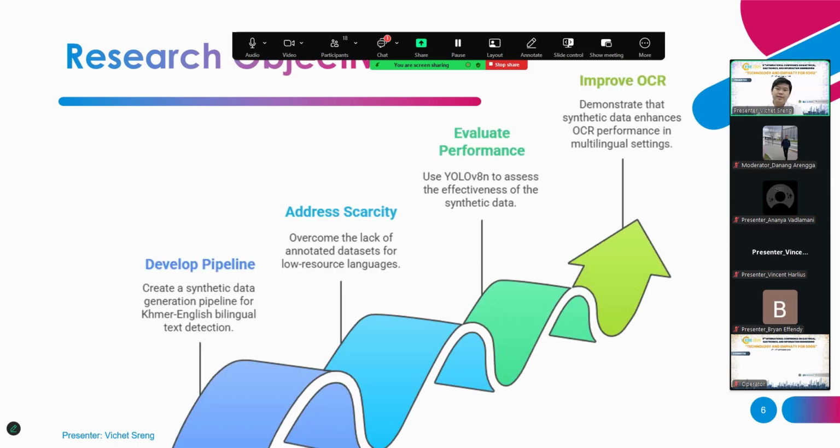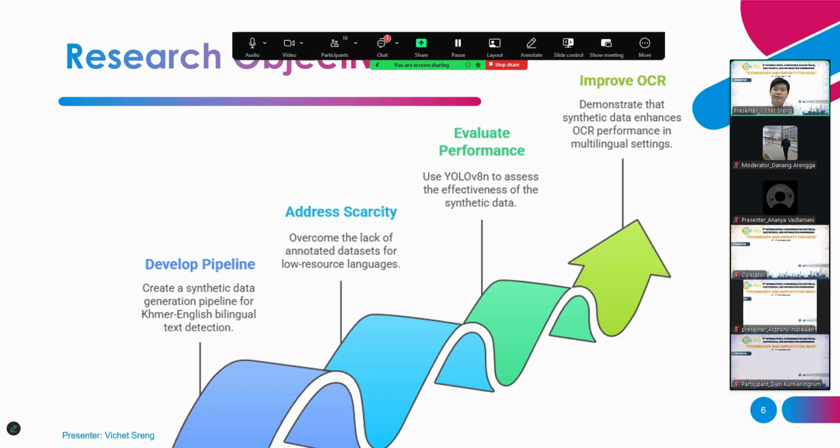Here is our objective, which follows a clear progression. First, we develop a synthetic data generation pipeline for Khmer and English bilingual text detection in Cambodian shop banners. Second, we address the scarcity of annotated datasets for low-resource languages like Khmer, replacing manual annotation with automatic synthetic generation.